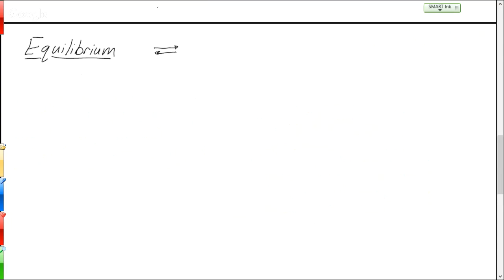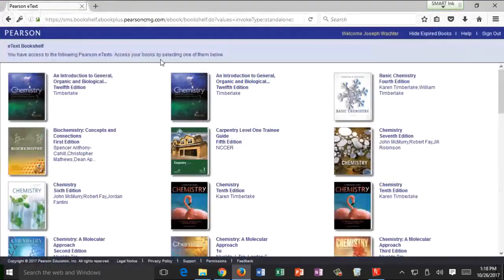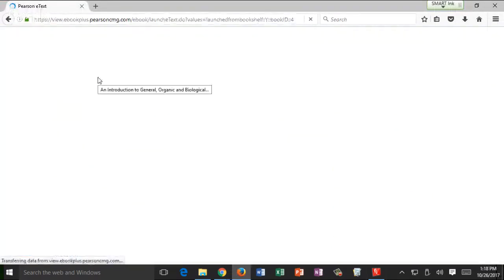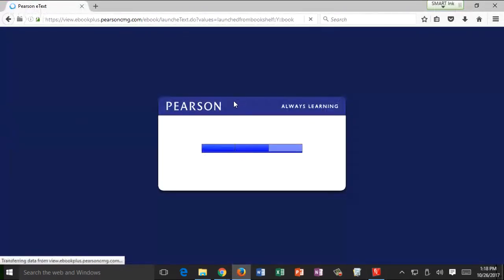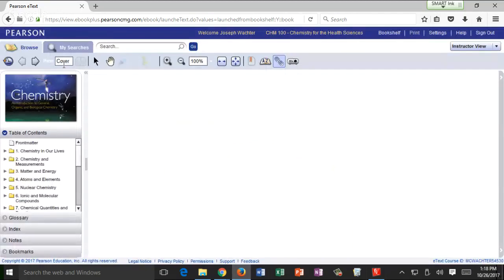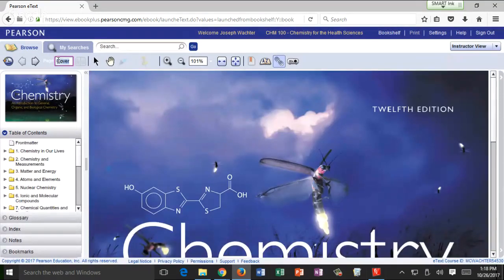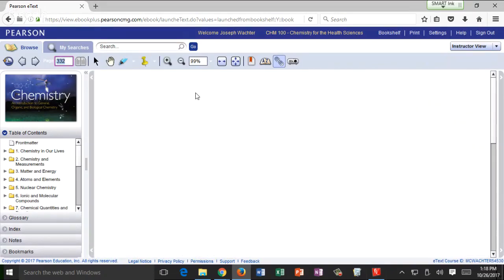So let me show you a couple pictures from the book about what these things look like. We can load it up here. This is page 332 if you're following along.